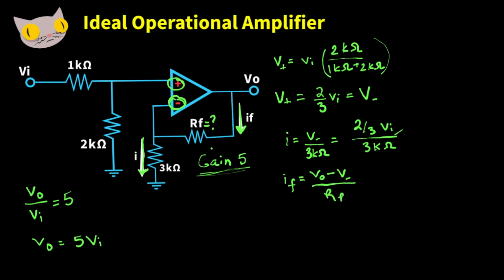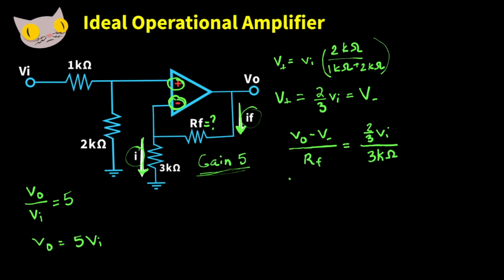And because this op-amp draws no current, this current and this current is the same. So we can set these two values equal to each other. So we have VO minus the voltage at the negative terminal divided by RF is equal to 2/3 times VI over 3k ohms. We know what the voltage at the negative terminal is, and we can replace this VO with 5 times VI.